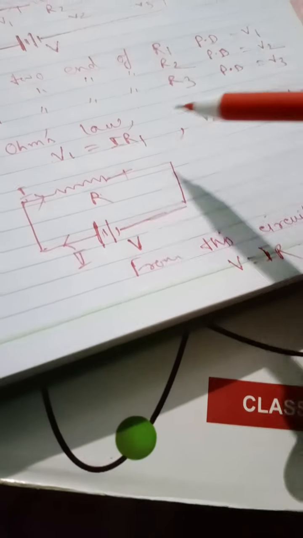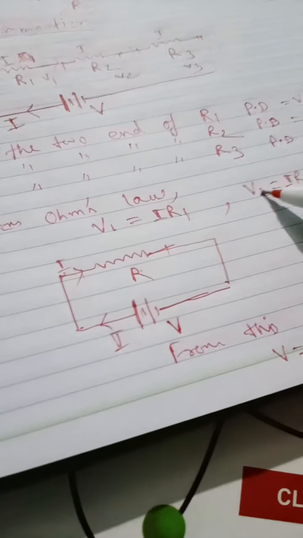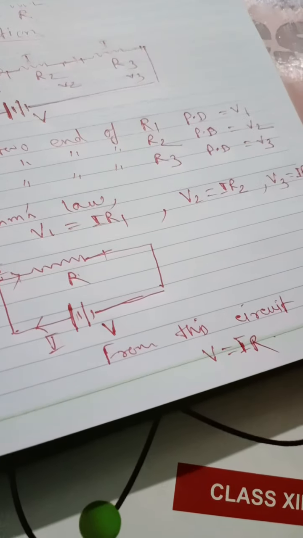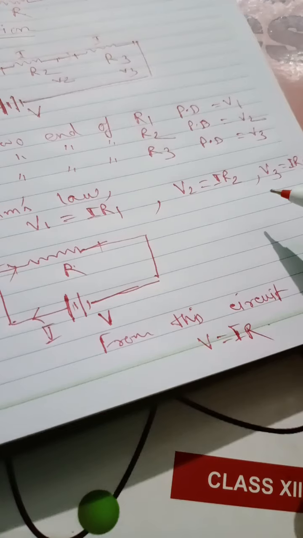Now here, in the previous case, we got the potential differences V1, V2, V3. So why is the potential difference created?